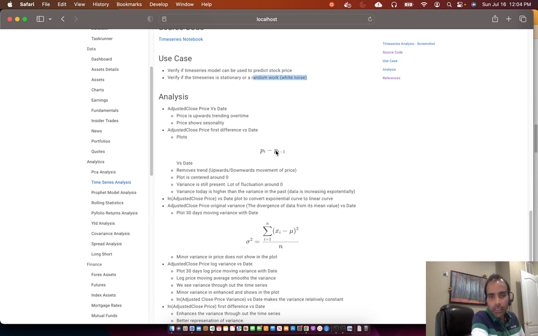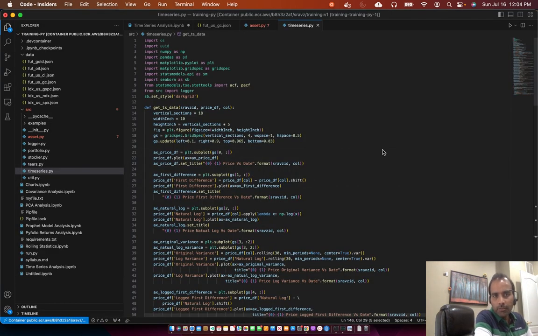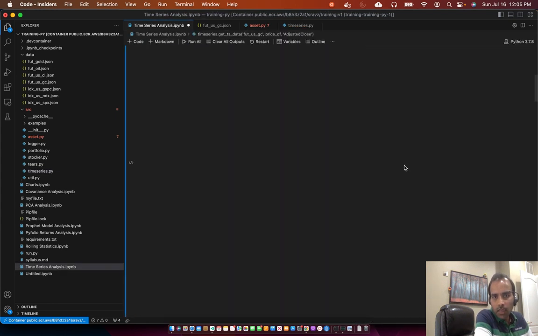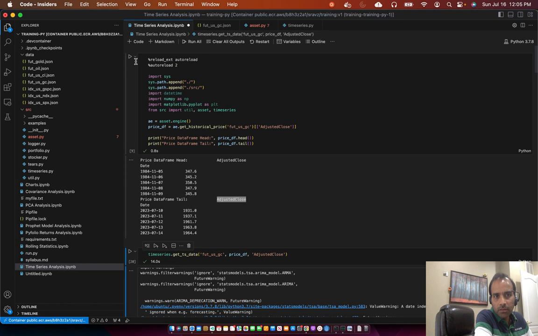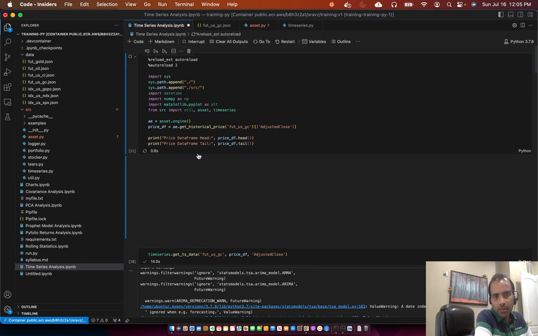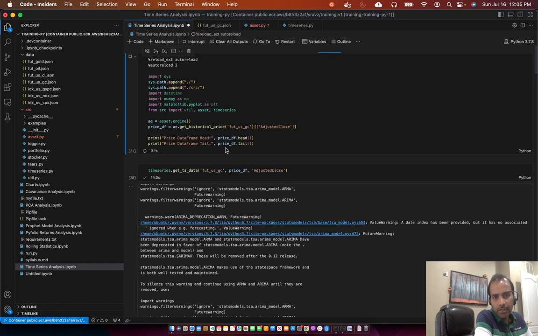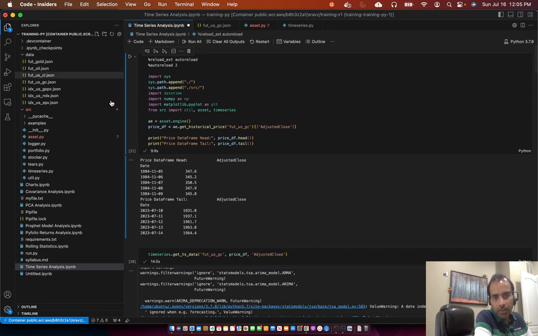I'll open the notebook. This is the notebook. I'll quickly run the whole notebook once. We first upload the price data. The price data is a static file in JSON format in the data directory.